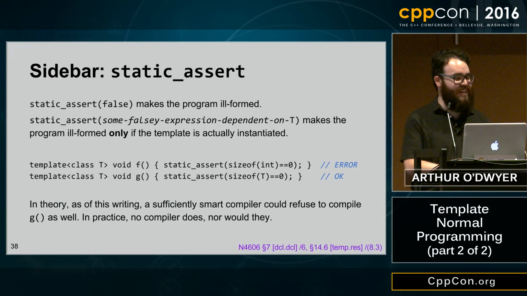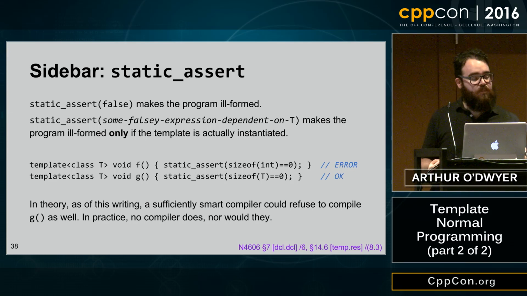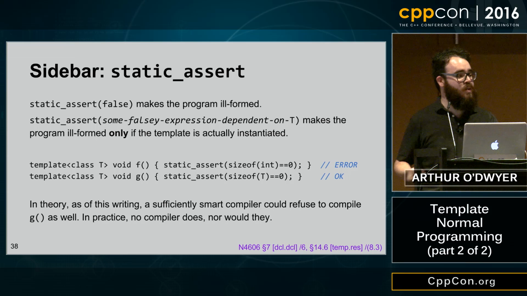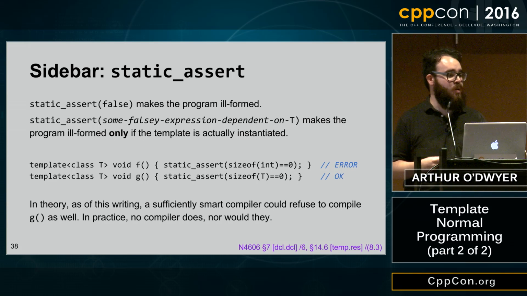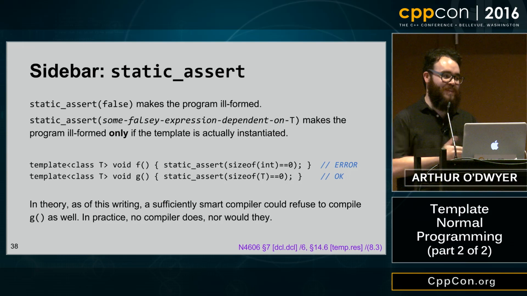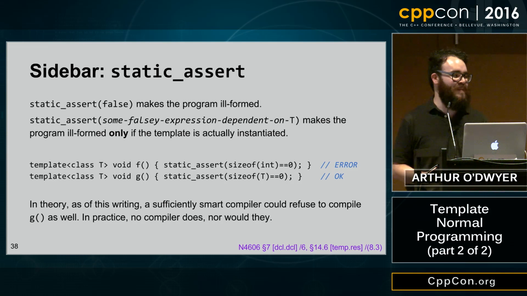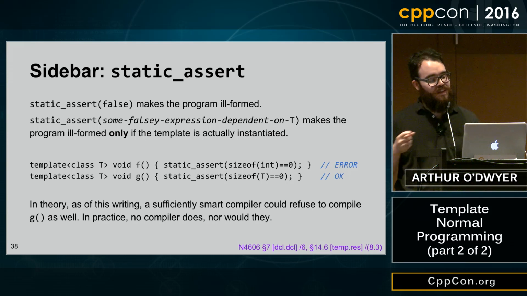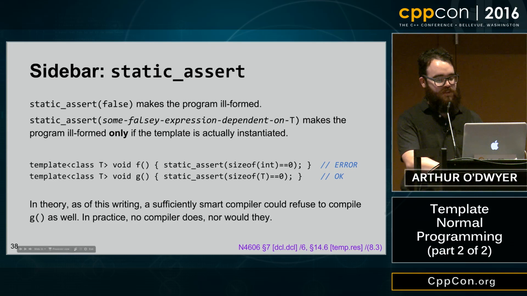You can just stick a static assert in there to say, hey, you're probably doing it wrong. Or it's a sort of unit test at compile time. So if you are particularly relying on some invariant and you really want to check it, like sizeof int equals 4, where I know my code's going to break if we go to a platform with 2-byte ints, I'm just going to static assert it right here, and that way my code will fail to compile because, again, the program will be ill-formed if that ever breaks.